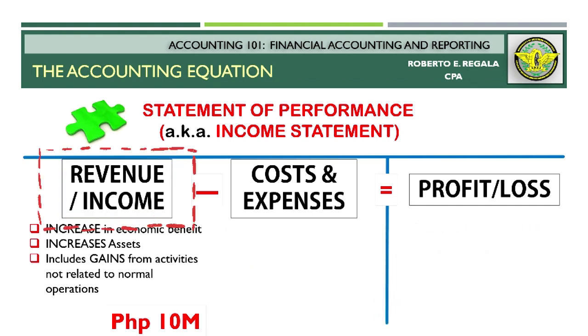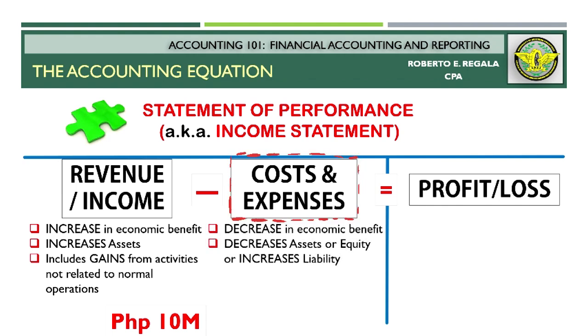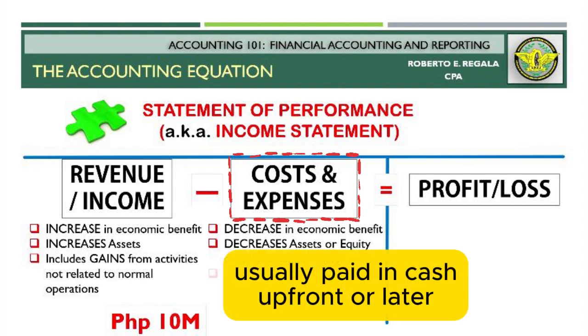The second element of the income statement is costs and expenses. These income statement elements represent a decrease in economic benefit. When incurred, they either decrease assets or equity, or increase a liability. Costs and expenses are usually paid in cash, either upfront or at a later date.